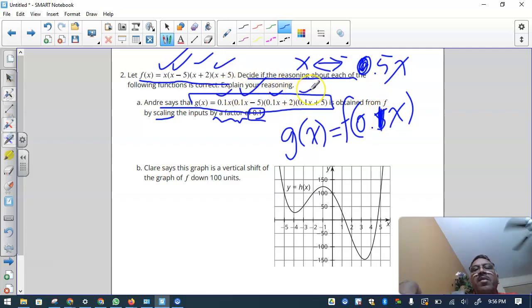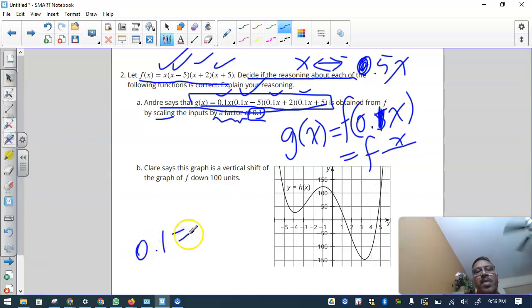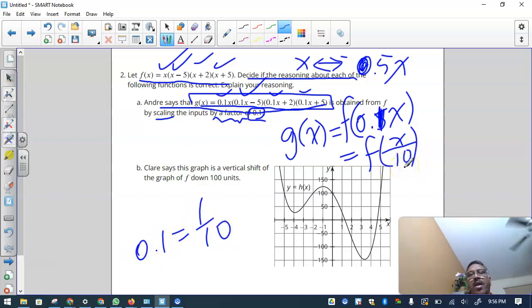That means this is a horizontal movement, but it is not by a scale factor of 0.1. The right scale factor is x over 0.1, which is 1 over 0.1, so this becomes 10. So there is a horizontal stretch by a scale factor of 10.